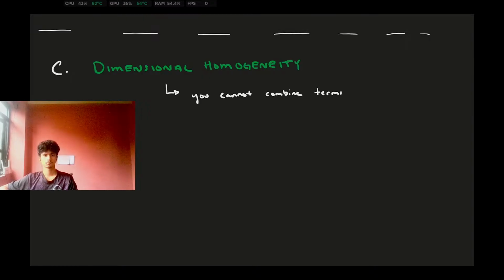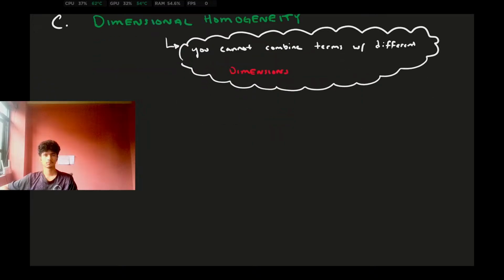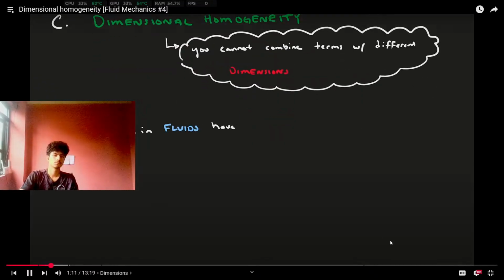Our focus in this video is dimensional homogeneity, and it starts our exploration of thinking about units and dimensions. But before we explore this rule of dimensional homogeneity, let's get familiar with the common dimensions in fluid mechanics. Most properties in fluids are made up of three base dimensions.